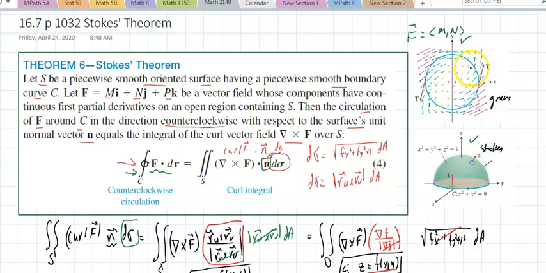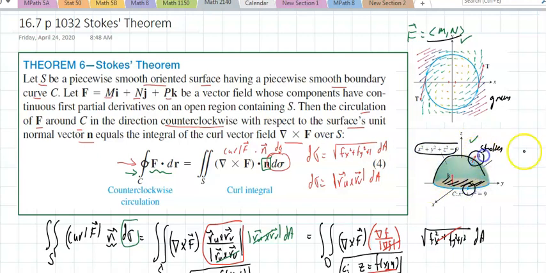The difference is, this right here is the floor. This was done in 2 dimensions only, figuring out on the surface, on the ground. This is figuring out on this 3-dimensional oriented surface.